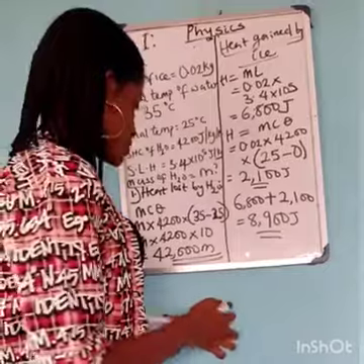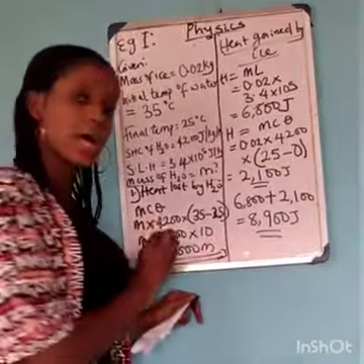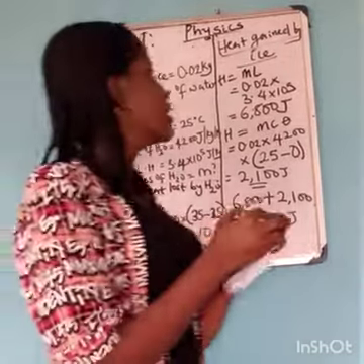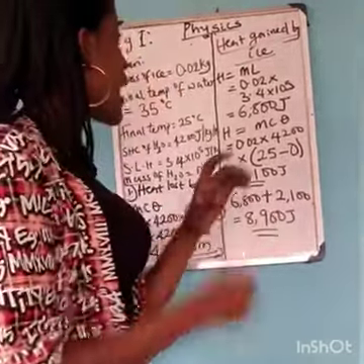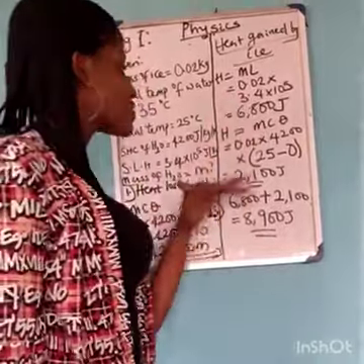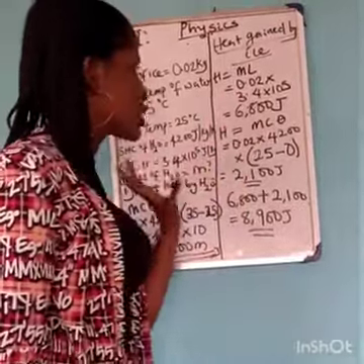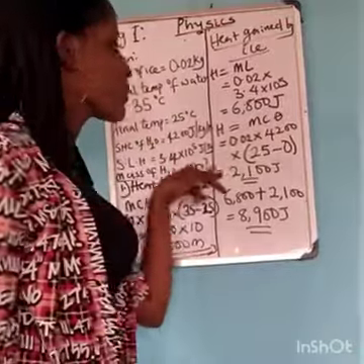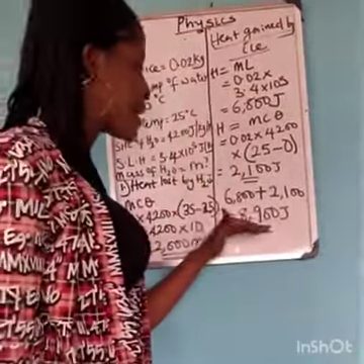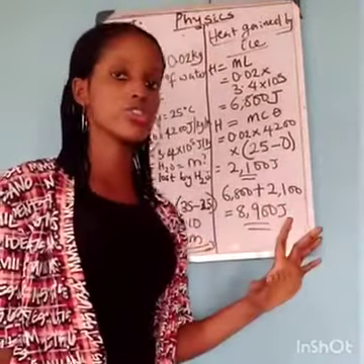Because we are looking for the mass, we did not include the mass, since it was not given to us. It's the unknown we are looking for. The amount of heat gained by ice from melting is 6,800. The amount of heat gained by ice to increase the temperature to the common temperature is 2,100. So the total amount of heat gained by ice is 8,900.